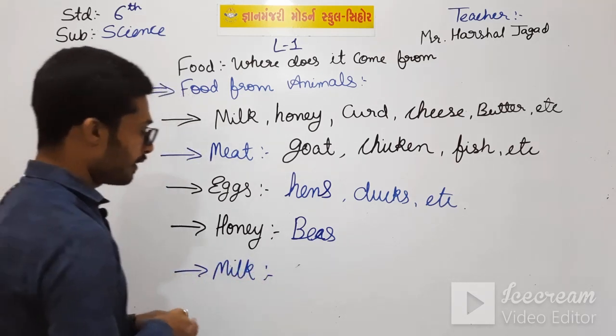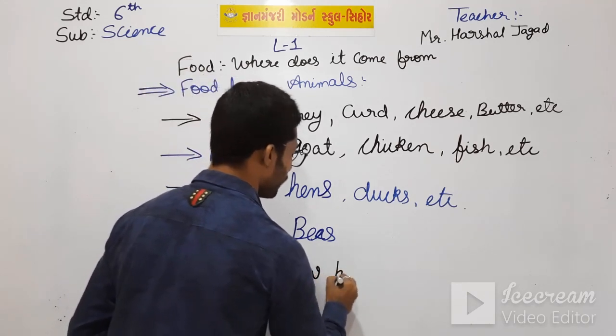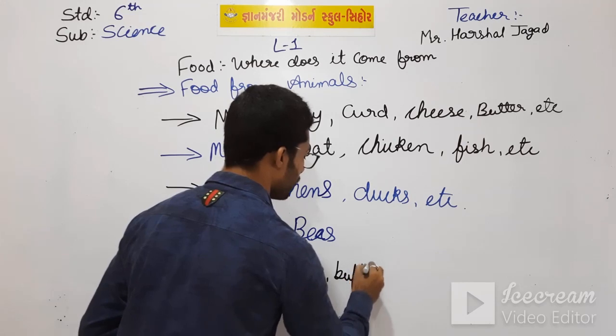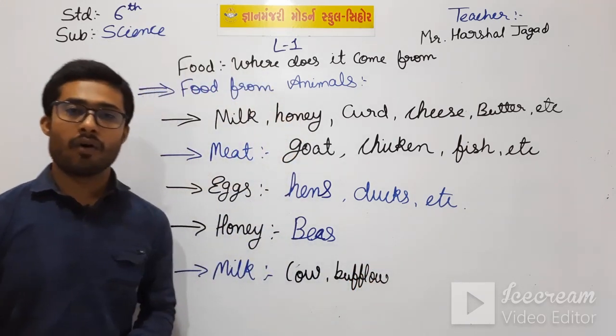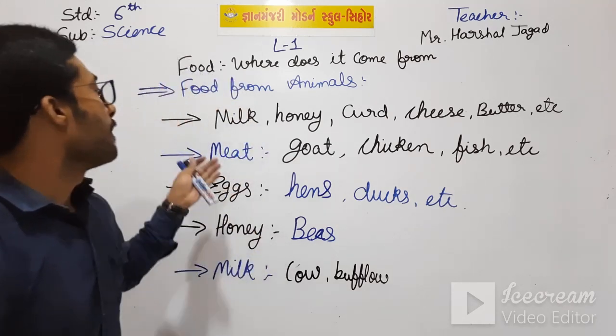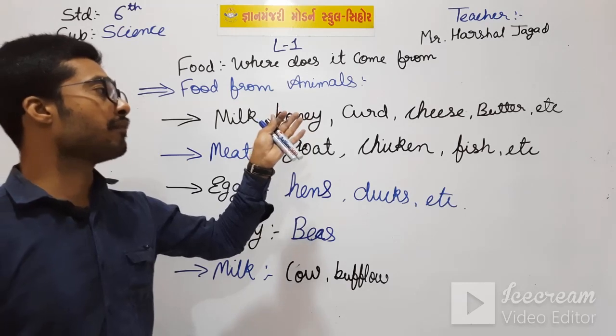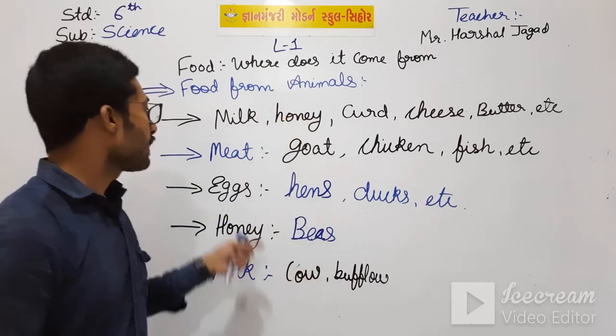It comes from cow, buffalo, and the goat also gives us milk. So milk, honey, curd, cheese, paneer, butter, all we get from the animals.